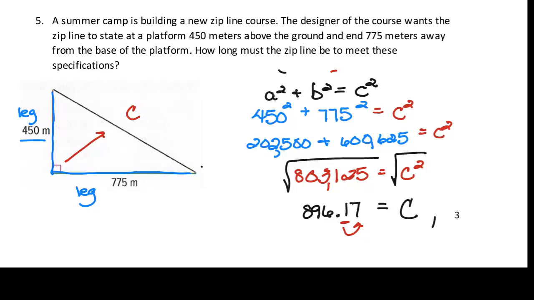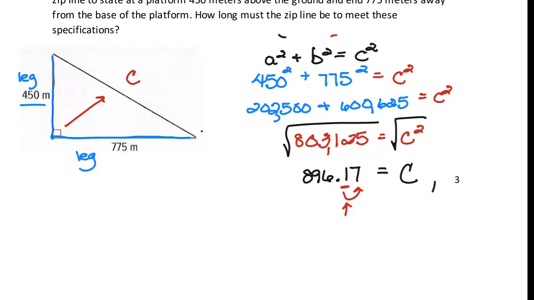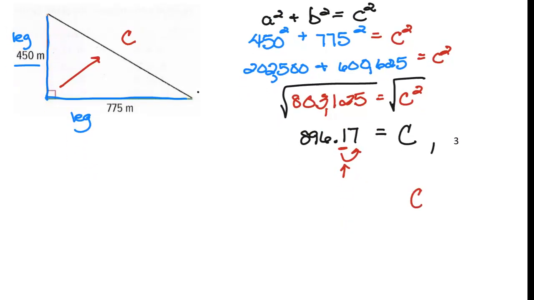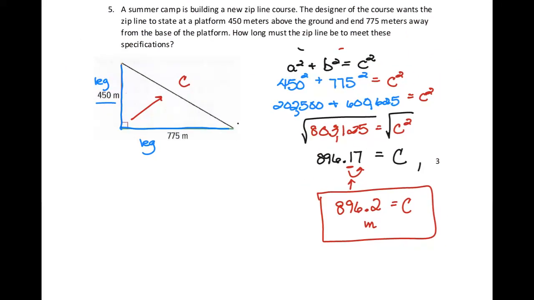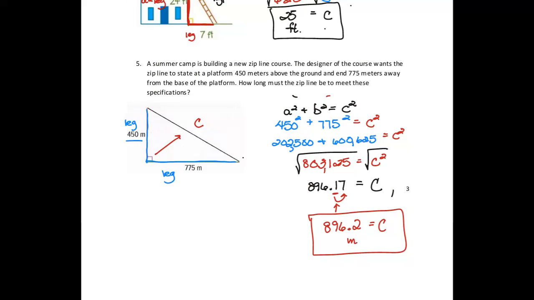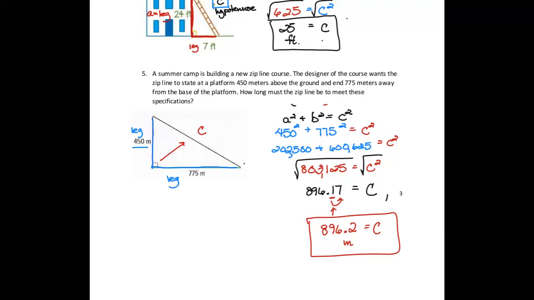If it is 5 or more, which it is, this needs to go up. So C, the length of this zip line, is 896.2 meters. And that is longer than the other two legs, so that at least makes sense that it is longer.